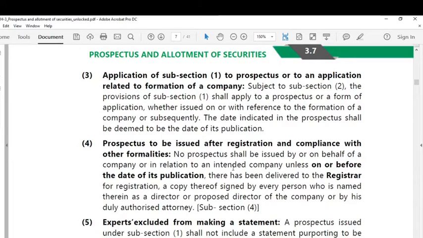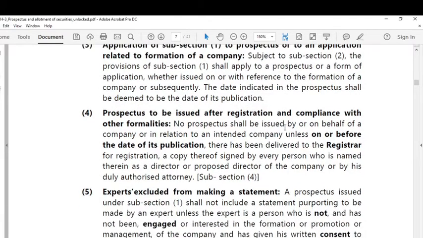And apart from that, whenever it is being issued, the company has to register the prospectus with the Registrar of Companies. So the Registrar of Companies will register the prospectus before it is published to invite the public to subscribe for the shares.